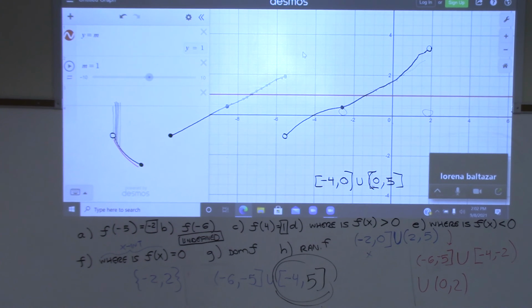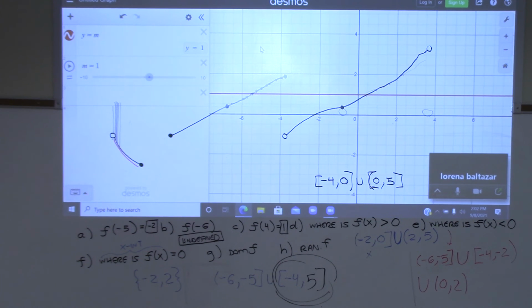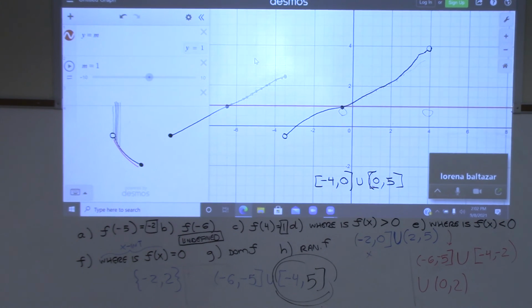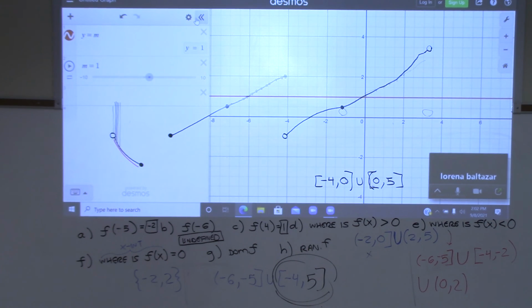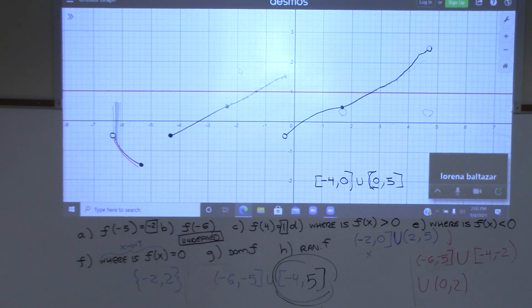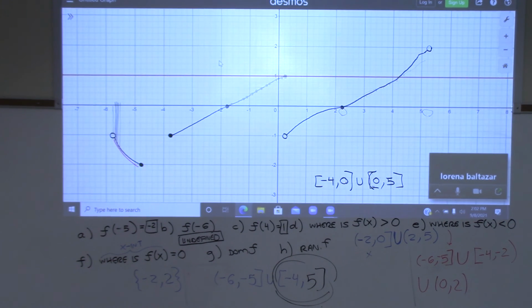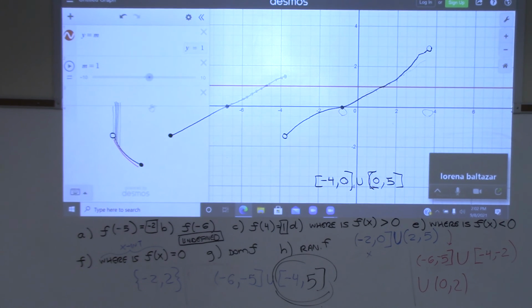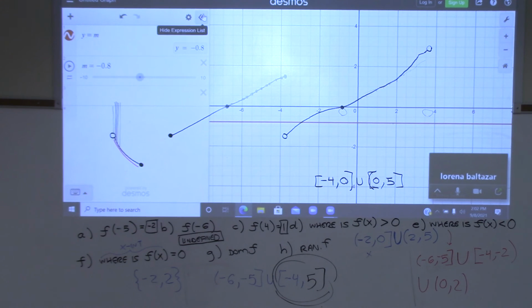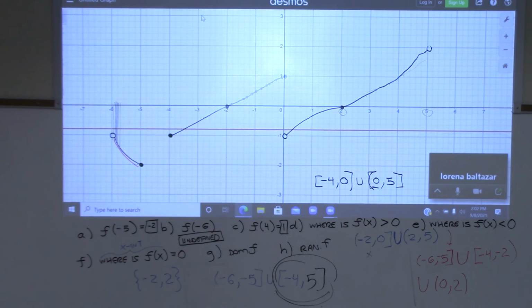Okay, oh no, I just messed up. Crapola. Y'all see what I did? I moved the graph, and now I'm going to have trouble getting back to where it was. Where was it? Right there? Okay. I was trying to use this little thing to move the line up and down, but I can't get this window out of the way without moving the graph. So I have no choice.